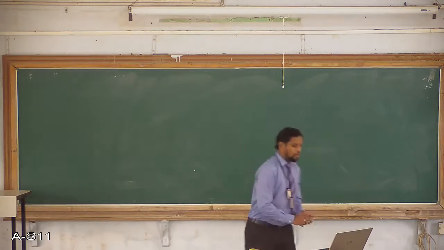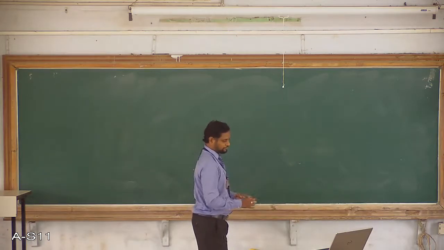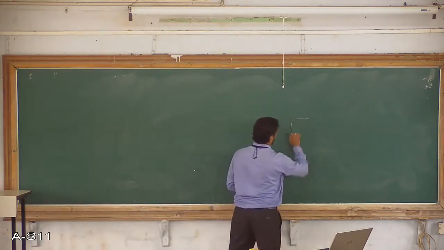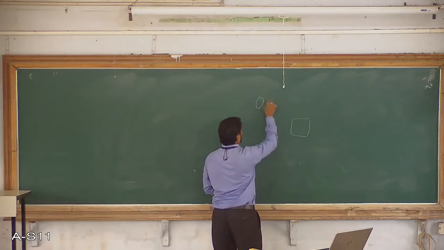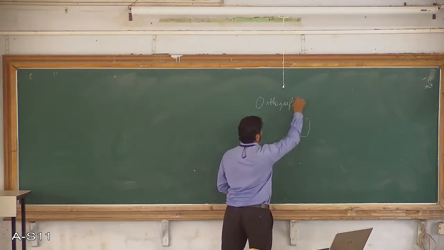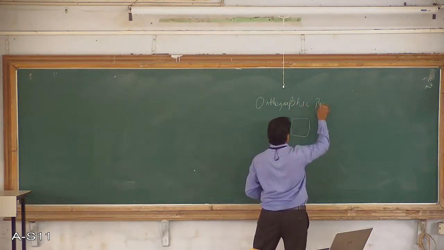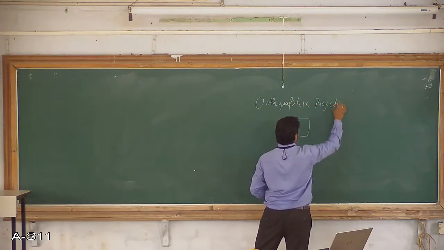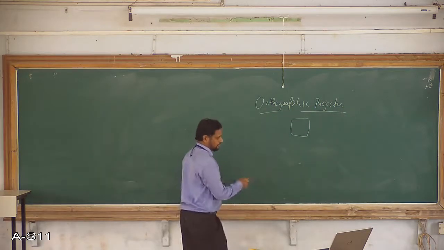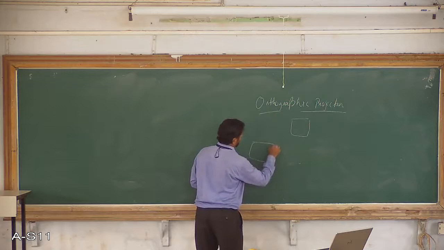Next is orthographic projection. Okay, consider this as one object. Orthographic projection. You have one more topic. This is an object, or you can say this as a plane.